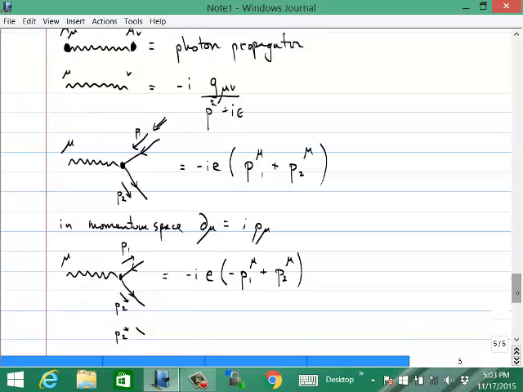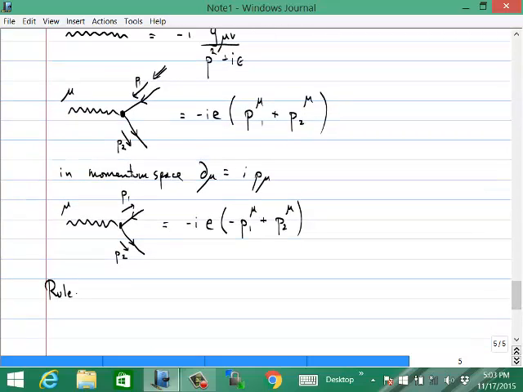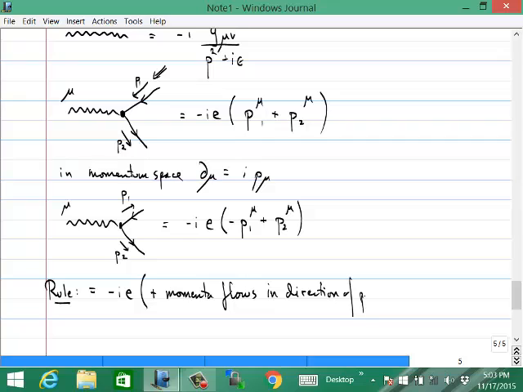So the rule that one needs to keep track of when writing down these derivative interactions in scalar QED is that in one of these interaction vertices, you get a factor of minus i epsilon with a plus sign for each momentum that flows in the direction of particle flow, and a minus sign for each momentum that flows opposite to the direction of particle flow.